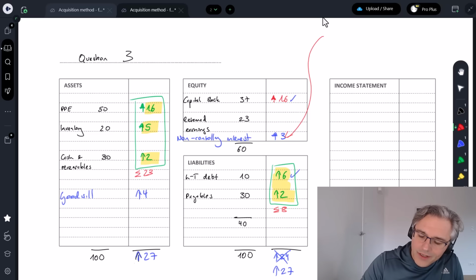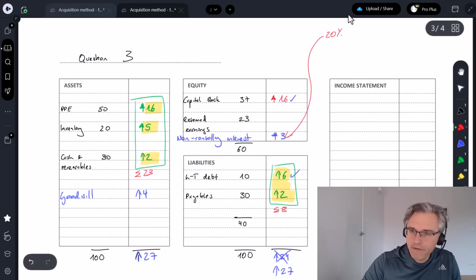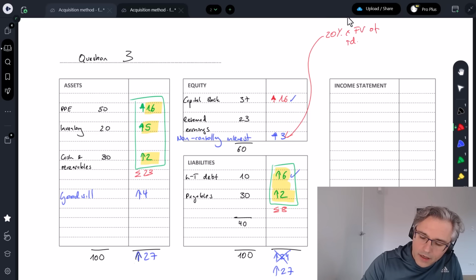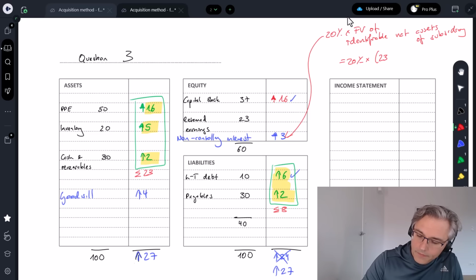So here, it's going to be equal to 20%, 1/5 of the fair value of all the identifiable net assets of that subsidiary. So 20% of 23 minus 8, 15, right? 20%, 1/5 of 15 equals 3.